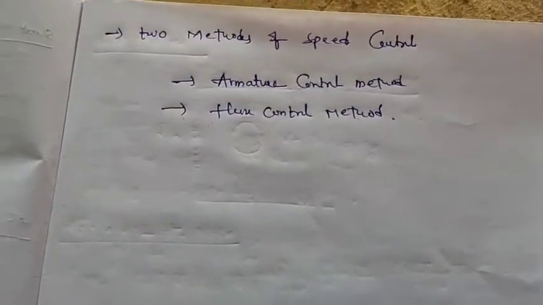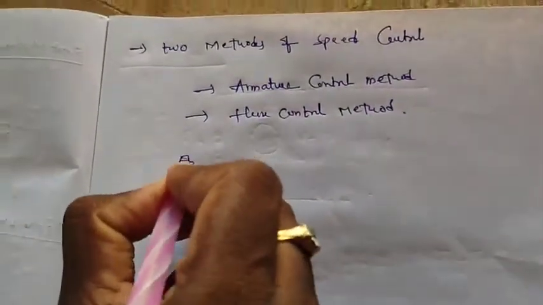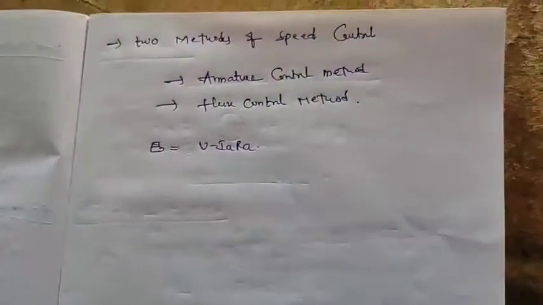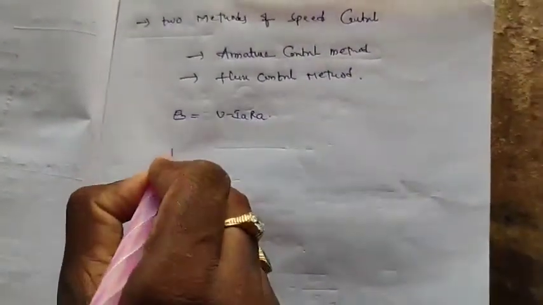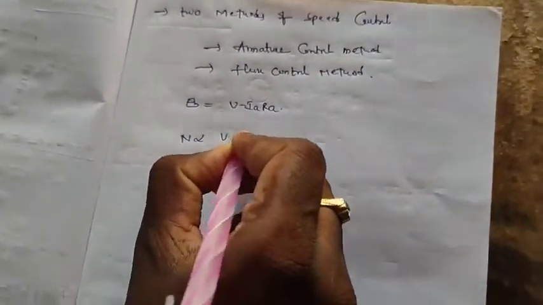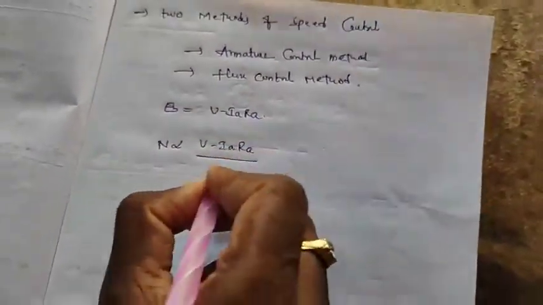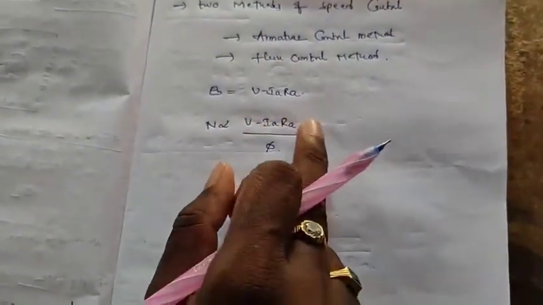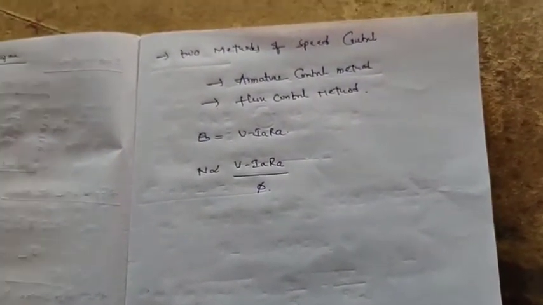So we can substitute back EMF EB equal to V minus IA RA. The speed is directly proportional to V minus IA RA divided by phi. That means if we change the parameters V, IA, RA and phi, the speed will change. In which method we can change the parameters, the speed also changes.